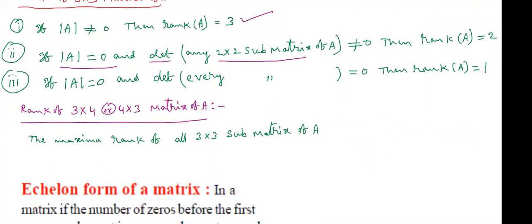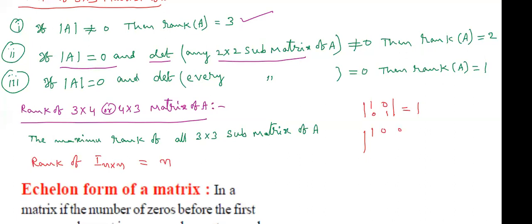Okay, one last point. What is the rank of an identity matrix, an n by n matrix I? It is equal to n, because the det of the identity matrix is 1. Suppose we see 1 0 0 1, what is the det? It is 1 only.